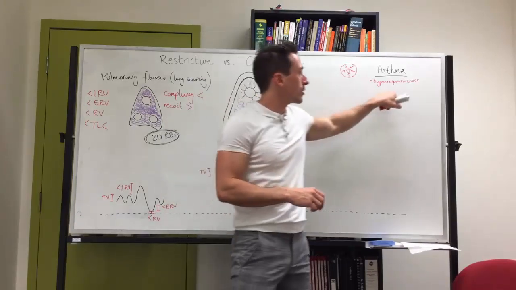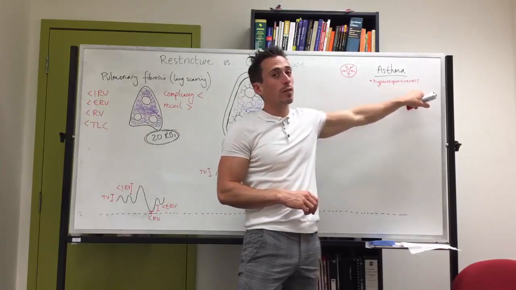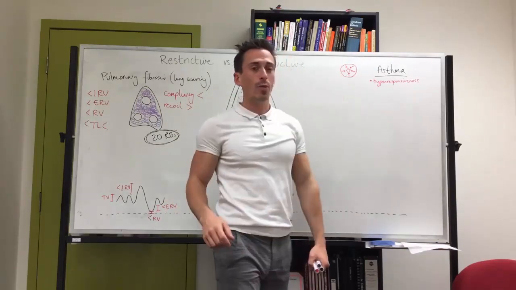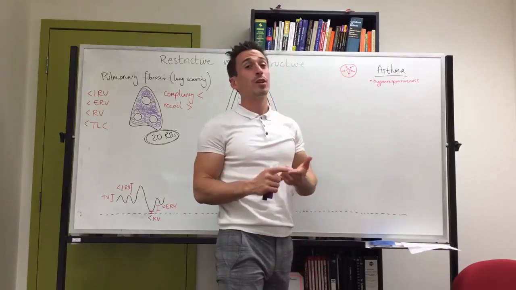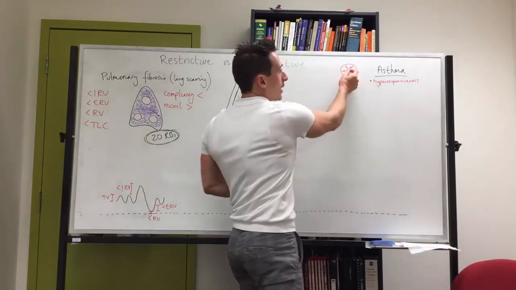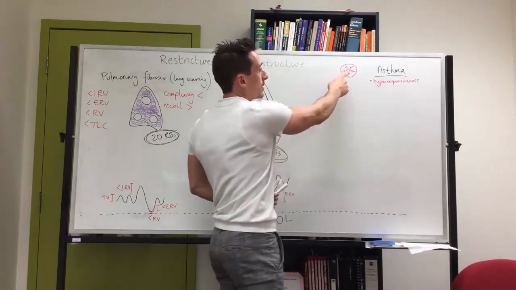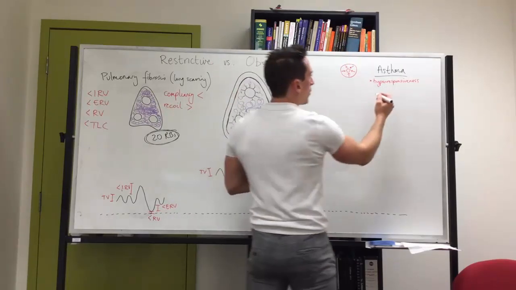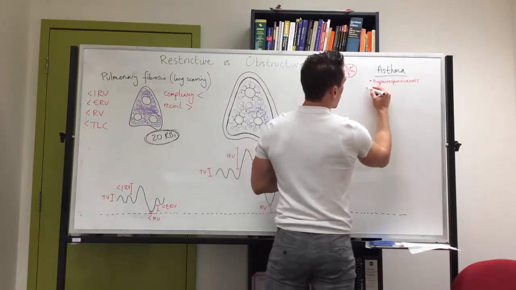So hyperresponsiveness doesn't usually affect others, but only affects those individuals who have asthma. And it's a narrowing of those airways. And it can be due to a number of reasons. You can have extrinsic and intrinsic causes of asthma. Narrowing of the airways, hence it's an obstructive disease because it's obstructing the amount of air that can go in and out. Another common type is chronic bronchitis.